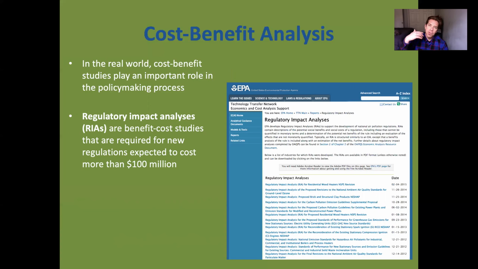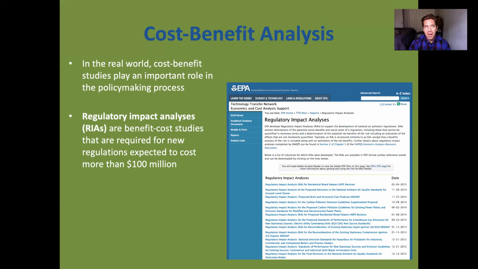So they're proposing a new law, a new rule that the Environmental Protection Agency is going to enforce or implement. And if the projected cost of that enforcement to society, the economy, to businesses, is overall at the national level at least $100 million or greater, then the EPA has to do a regulatory impact analysis.